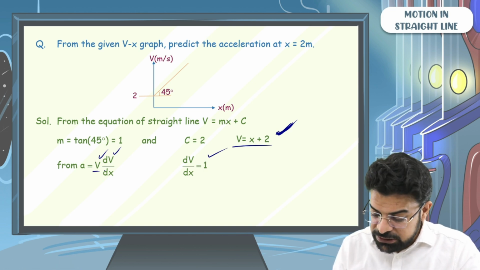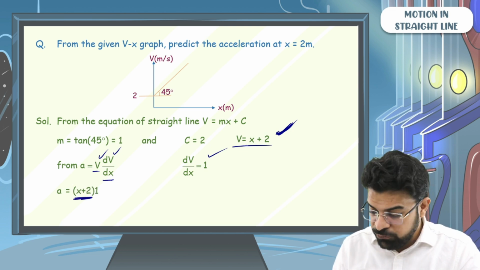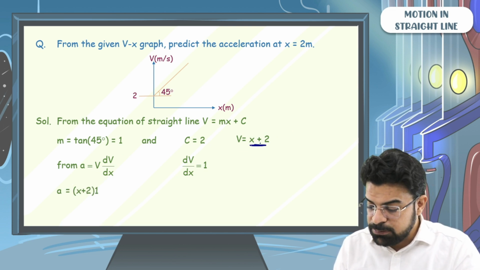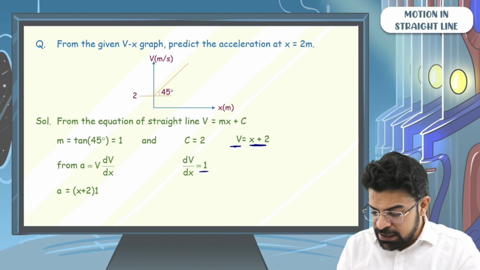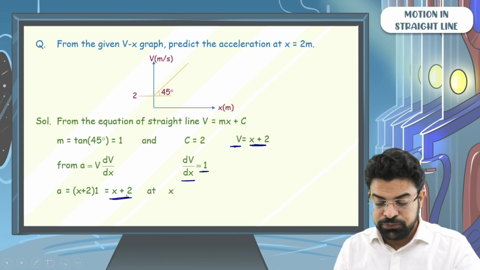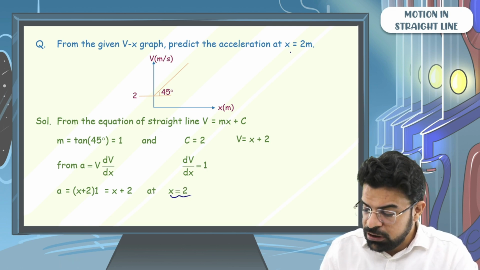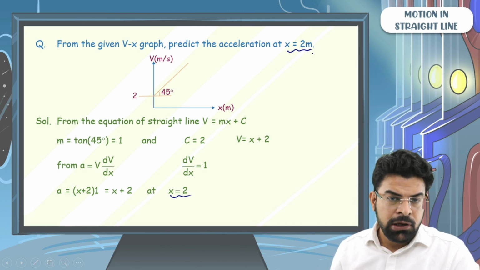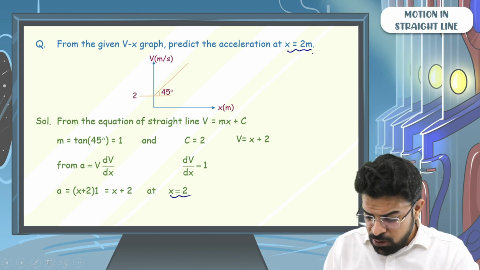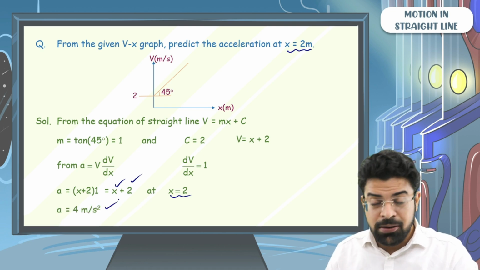So acceleration, which is v into dv by dx, becomes x plus 2, which is v, multiplied by 1, which is dv by dx. So the acceleration comes out to be x plus 2. They are asking me acceleration at position equals 2 meter. So what will be the acceleration at position of 2 meter? 2 plus 2. So the acceleration will be equal to 4 meter per second square.